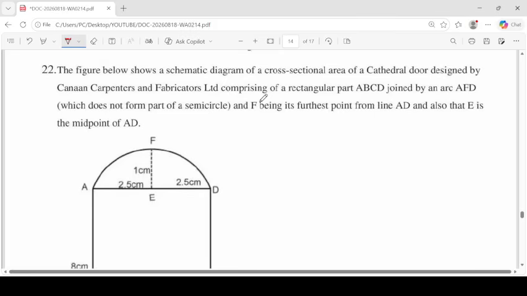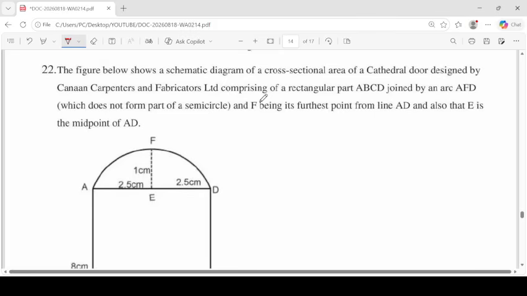comprising of a rectangular part ABCD joined by an arc AFD, which does not form part of a semicircle, and F being the farthest point from the line AD, and also that E is the midpoint of AD.